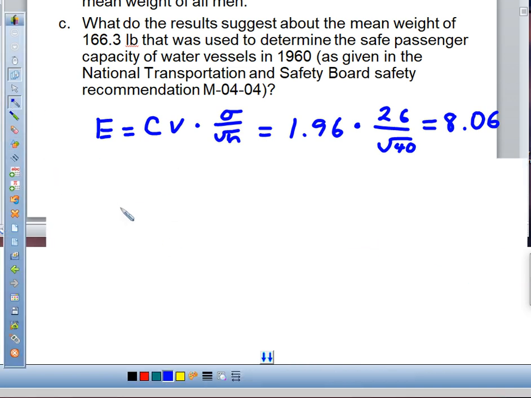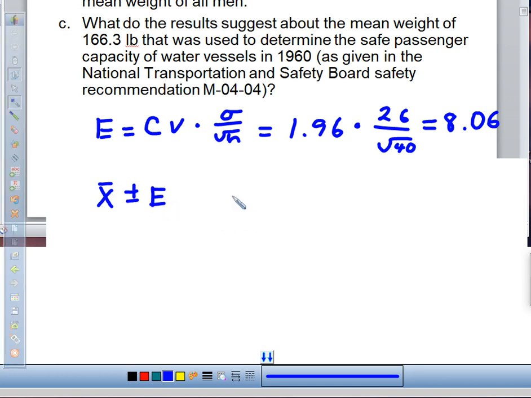Okay, so again, our confidence interval is going to be x bar plus or minus our error. So in this case, it's going to be my x bar, 172.55, plus or minus 8.06.